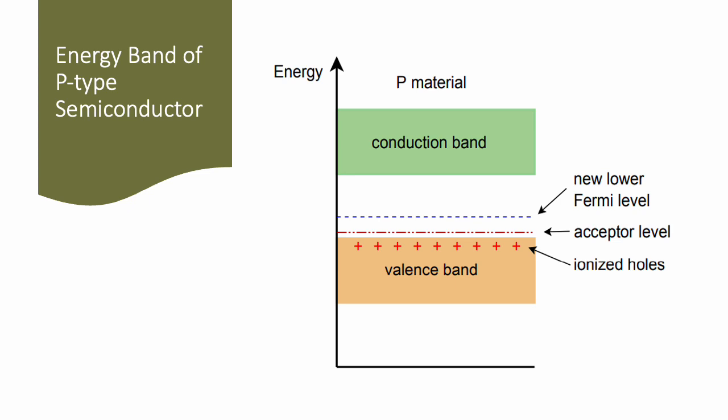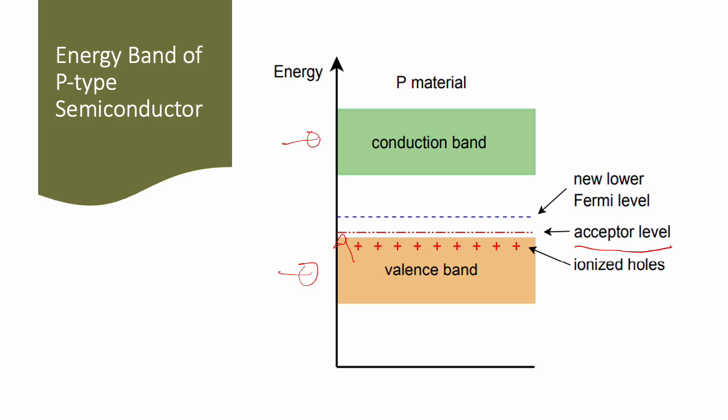So for the p-type energy band, unlike the n-type, here again, this is the conduction band and the valence band. Their difference is that the dopant atoms in a p-type semiconductor have one less valence electron than silicon. As a result, they create energy levels just above the valence band, called the acceptor level.